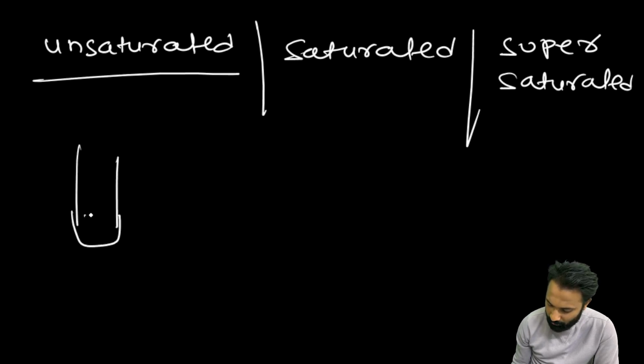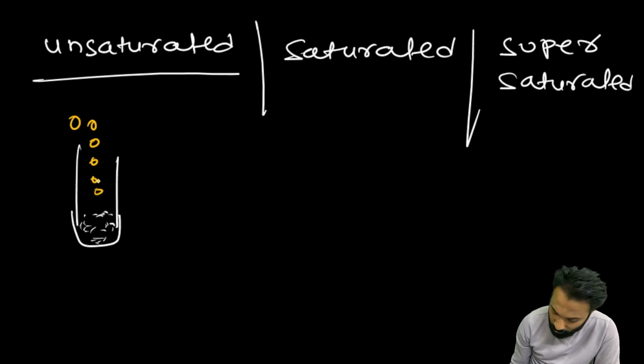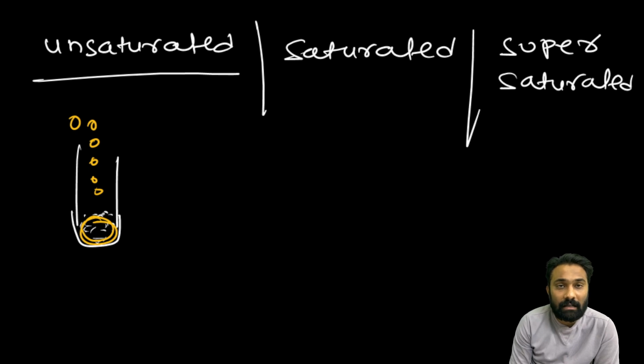If you take the solvent, or water, and add the solute, that solute will dissolve in the solvent. That type of solution we call an unsaturated solution. A solution in which more solute can still be dissolved is known as an unsaturated solution.